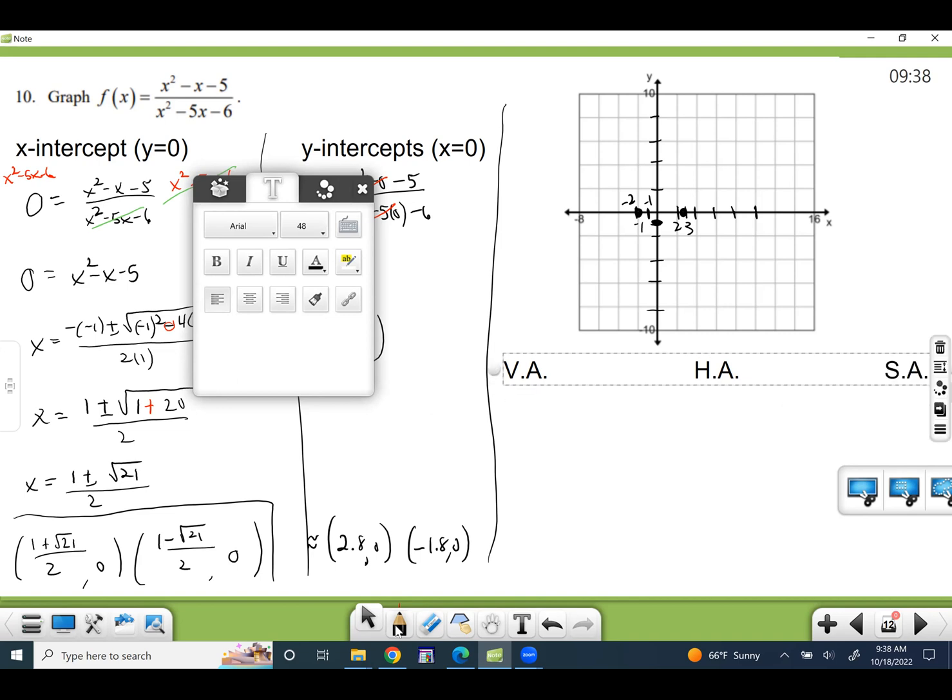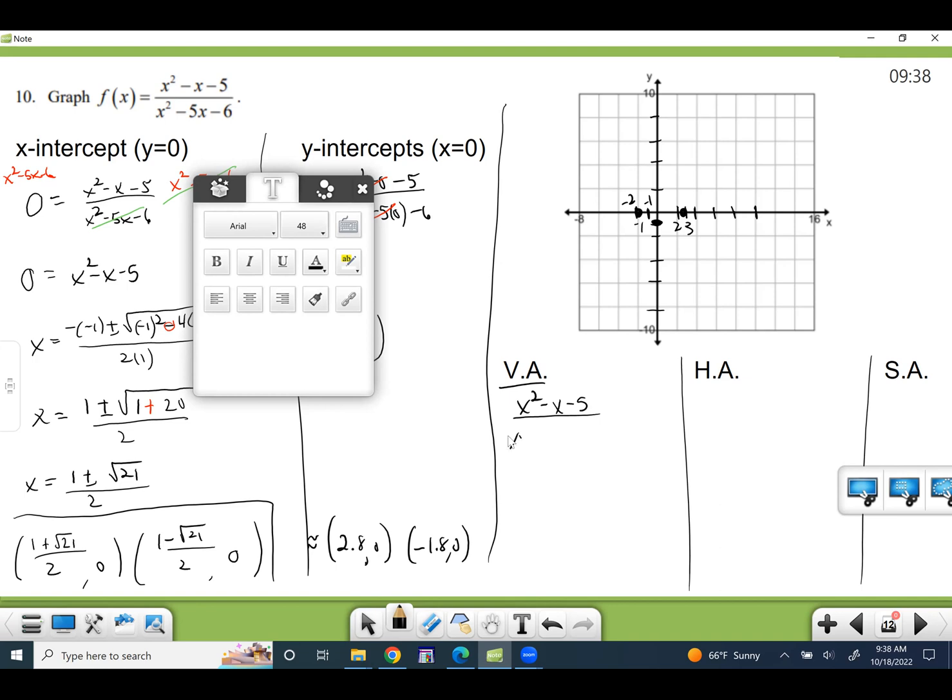There we go. Okay, so remember the process is factor and cancel and set bottom equal to 0, right? Okay, so we're going to factor. Now the top does not factor. We already said that. That's why we use the quadratic, right? But there are factors of negative 6 that add up to negative 5. Negative 6 and 1.